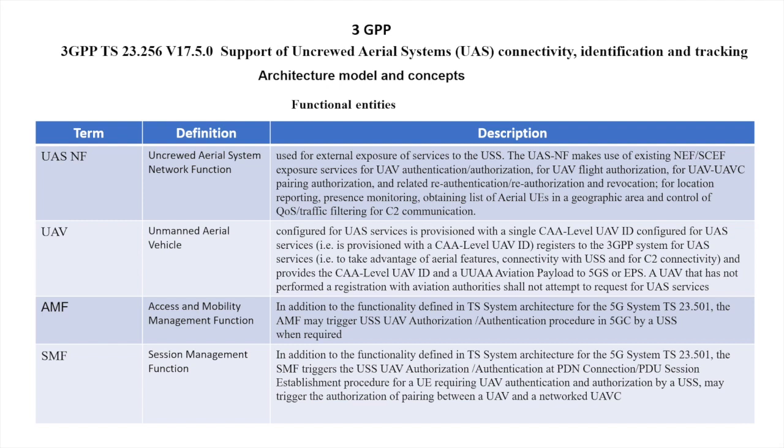The Session Management Function, SMF, will trigger the USS UAV authentication authorization at the PDN connection or PDU session establishment procedure for user equipment requiring UAV authentication and authorization by USS. It also may trigger authorization of pairing between UAV and networked UAV controller.